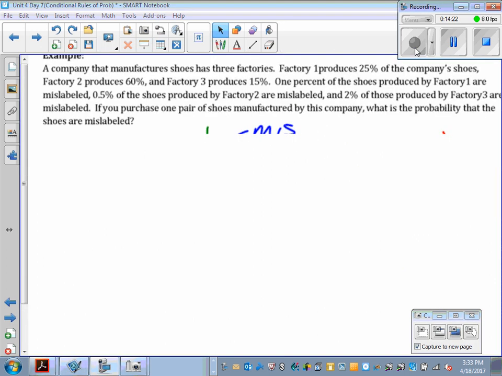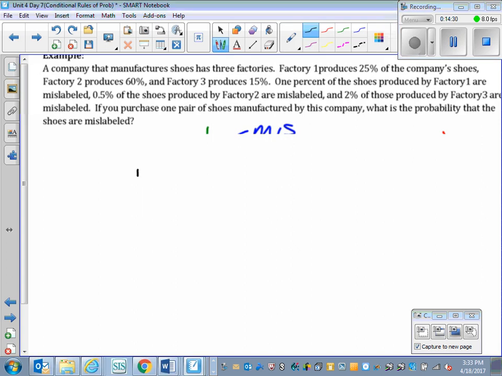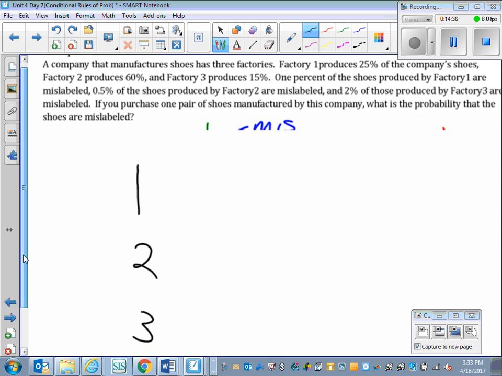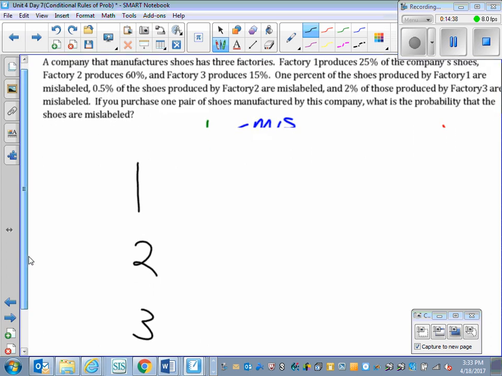All right, let's run through this last example. So we've got 3 factories, and I'm just going to call them 1, 2, and 3. Okay? So factory 1 produces 25% of the shoes, so that's 0.25.